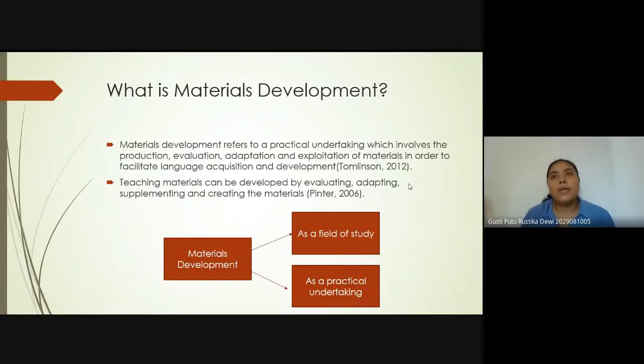Supplementing here means providing supplementary material to support the existing textbook. And the last one is creating the materials. It means that the teachers or practitioners can create their own materials, like self-designed materials. But still, it's supposed to be in frame of learning objectives.